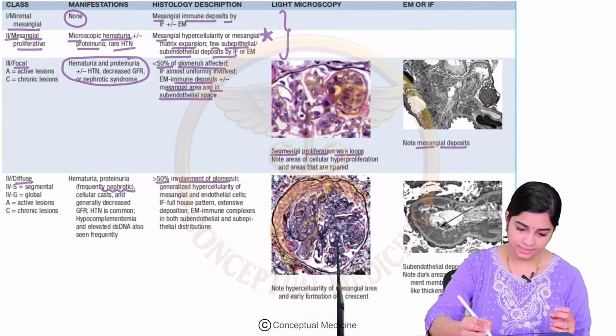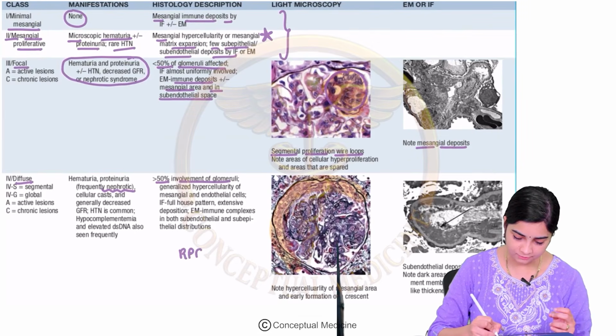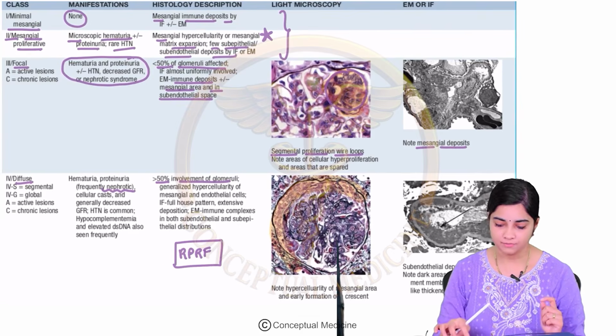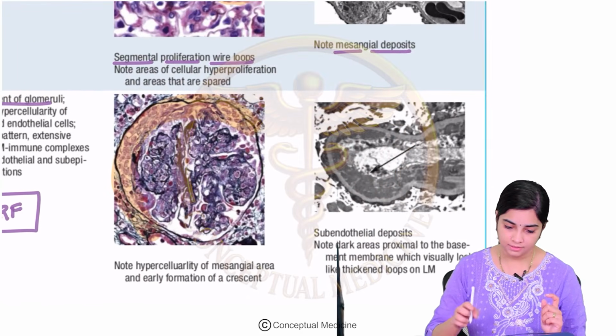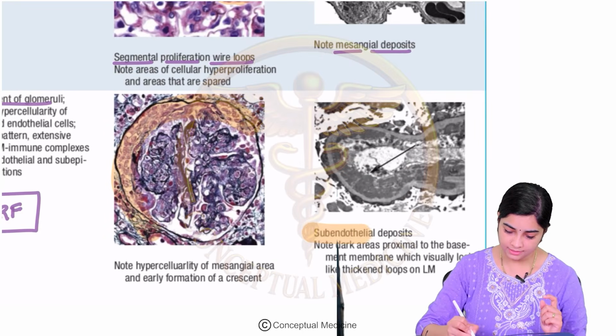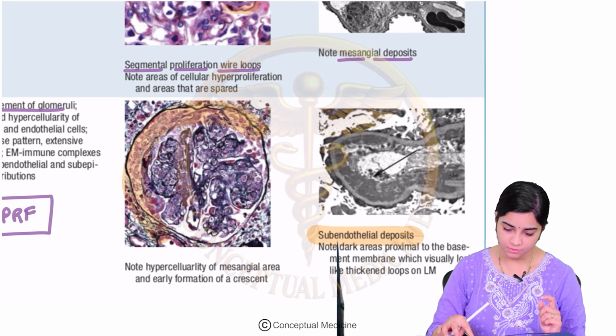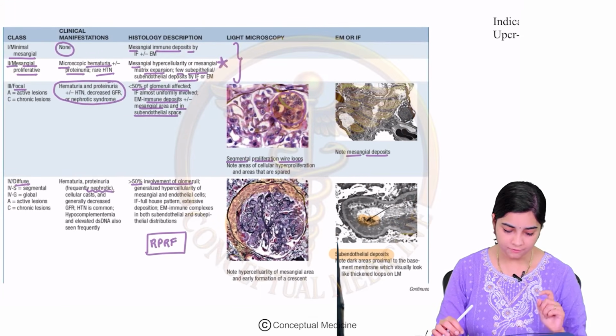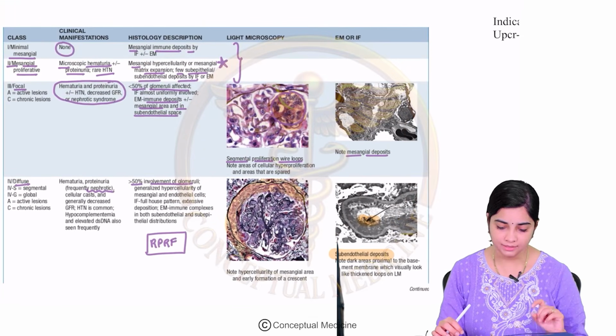So this can present as rapidly progressive renal failure. So class 3 and class 4 lupus nephritis can present with rapidly progressive renal failure, and this is characterized by subendothelial deposits, which you can see here. Okay, fine. So this is about class 3 and class 4.